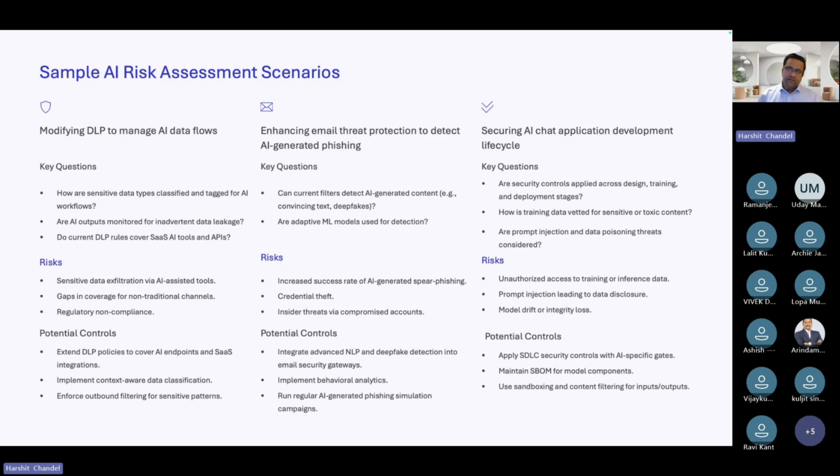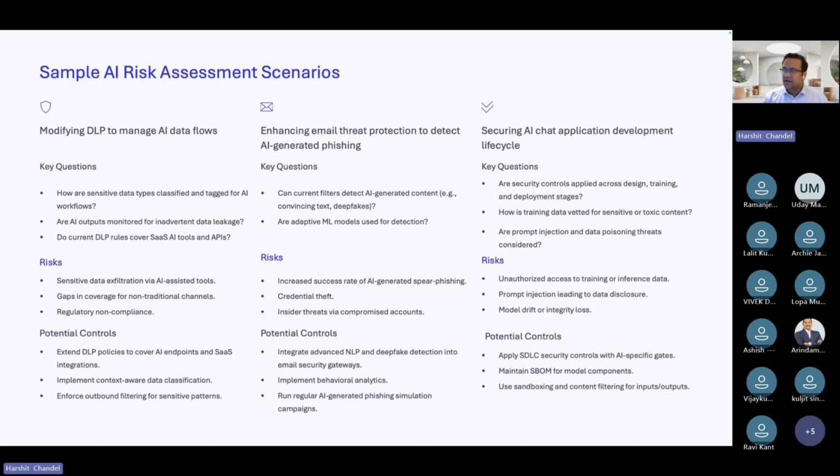Now, how does this integrate? Because there are some additional scenarios which need to be looked at in a data protection practice. So these new scenarios need to embed or work in conjunction with the existing data protection practice. There are some questions which we can definitely ask.